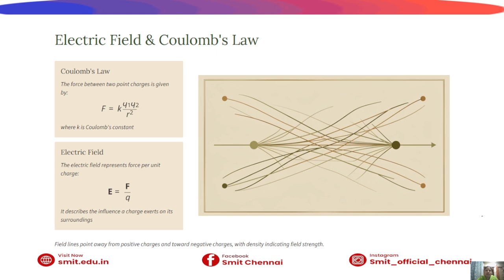The electric field is defined as the force experienced by a unit positive charge placed at a point in space. It represents the influence that a charge exerts on its surroundings. Electric field lines originate from positive charges and terminate at negative charges, and the density of these lines indicates the strength of the electric field.